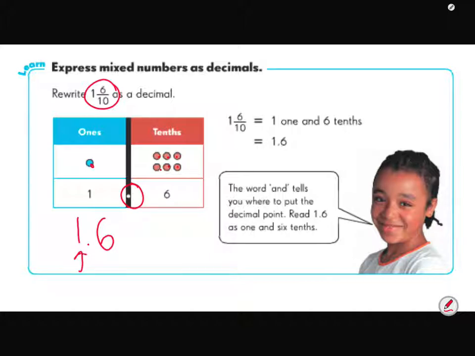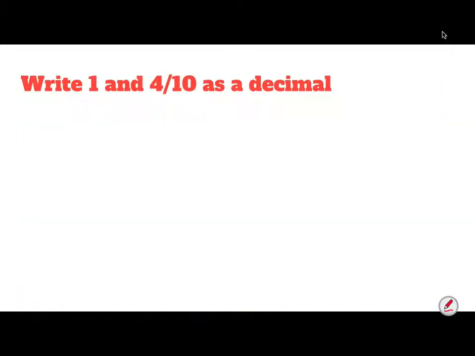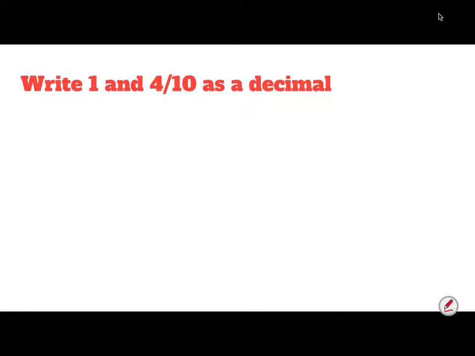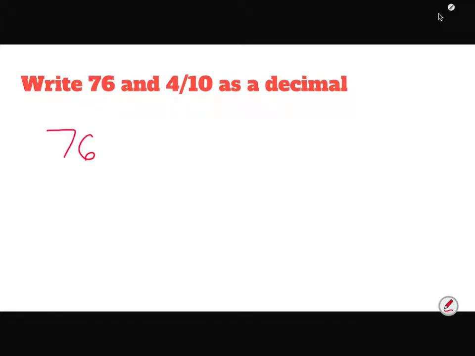And again, my 1 is in the ones place, my and is the decimal, and my 6 is in the tenths place. So we're going to try 1 and 4/10. I would write that as 1.4 because this is in the tenths place. Next, 76 and 4/10. I would write 76.4.